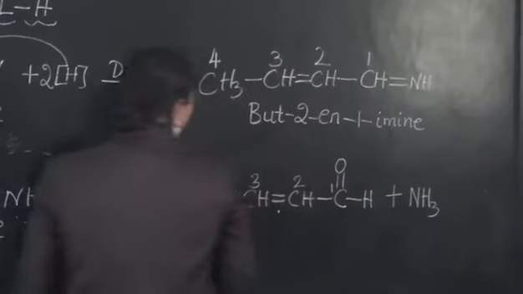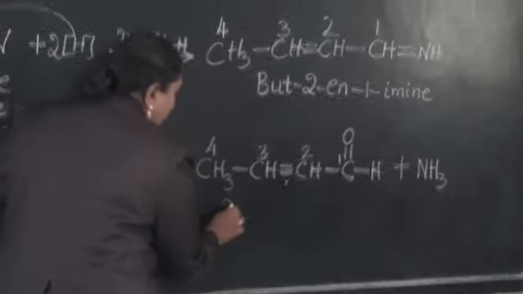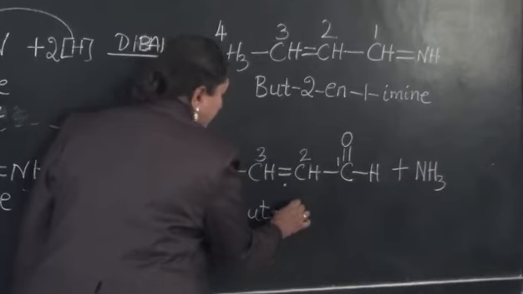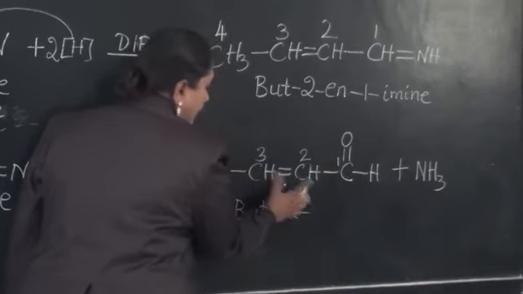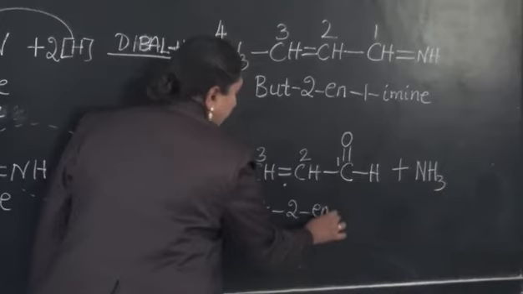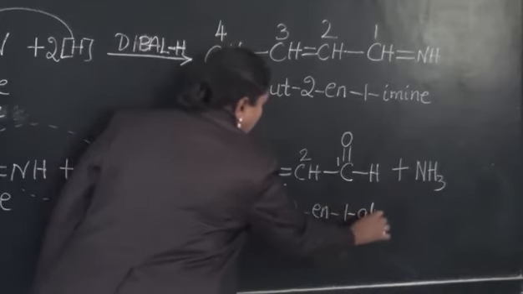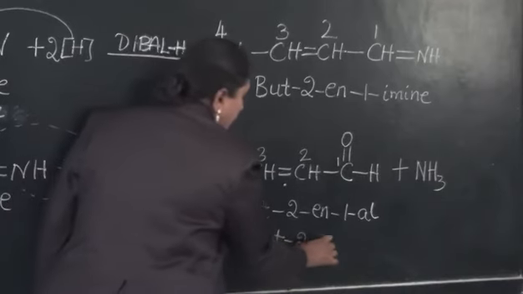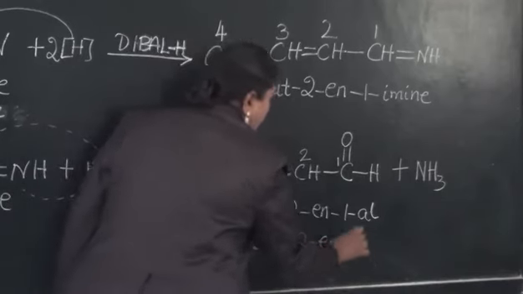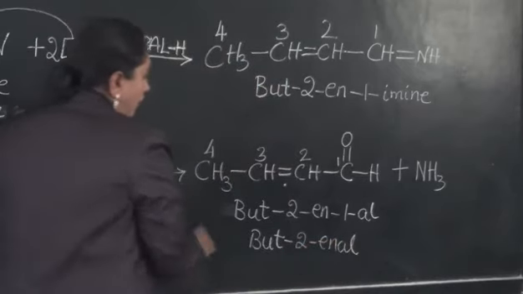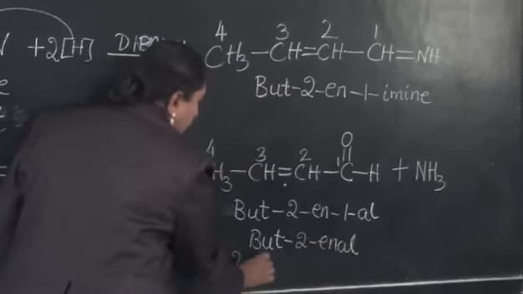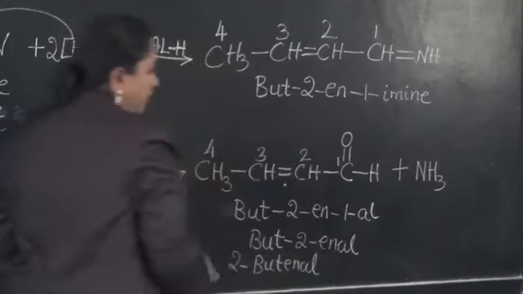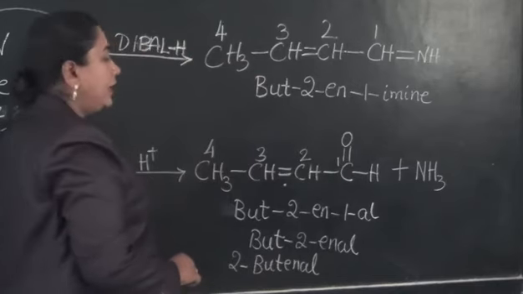So we end up in the formation of butenal. But-2-enal, because between the second and third there is a double bond, or else we can also call this 2-butenal, where the e of butene is replaced by al.